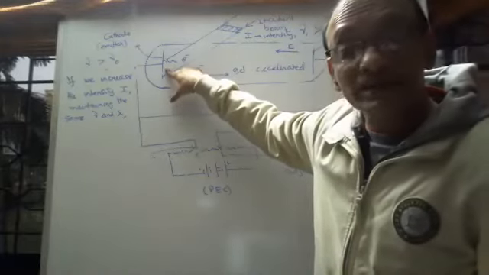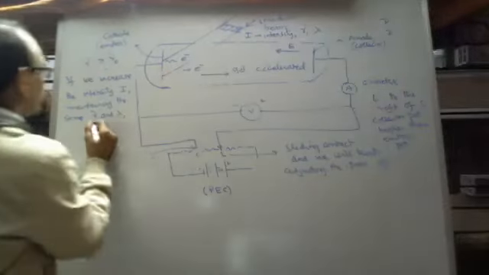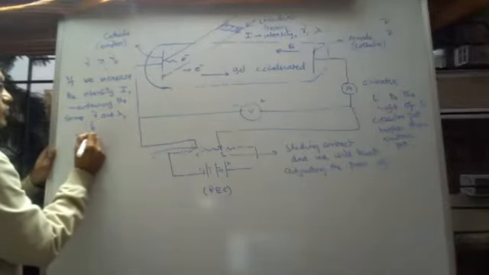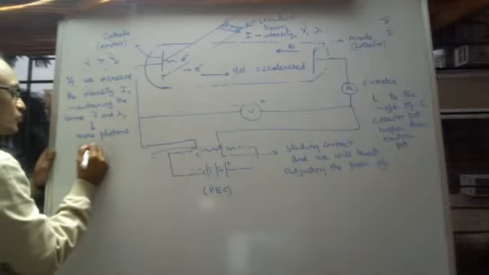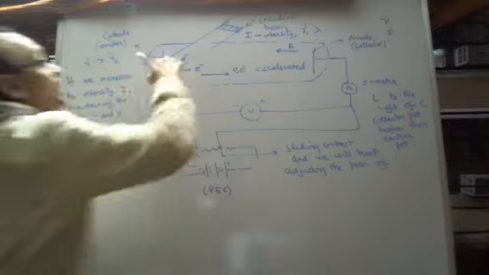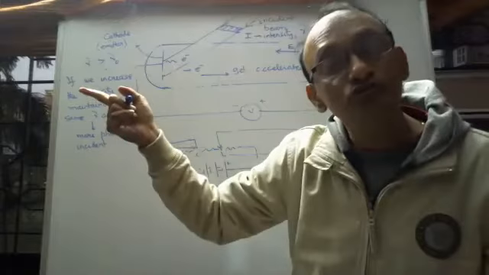More photons will be incident, right? If more photons are incident, what will result? More photoelectrons produced.